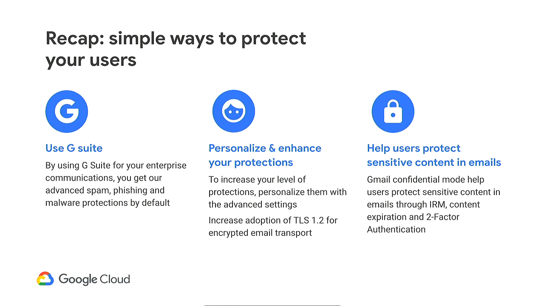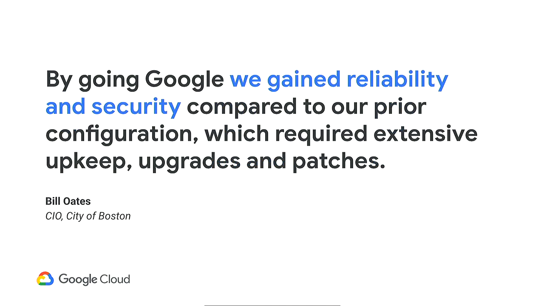The second thing is what Nicolas just covered, enhancing protection in transit, and the last thing is helping users protect sensitive content by applying policies and rights management to email. These are the three takeaways of the presentation today, and we have a little bit of time for Q&A.